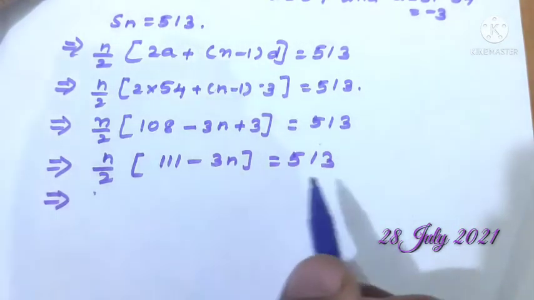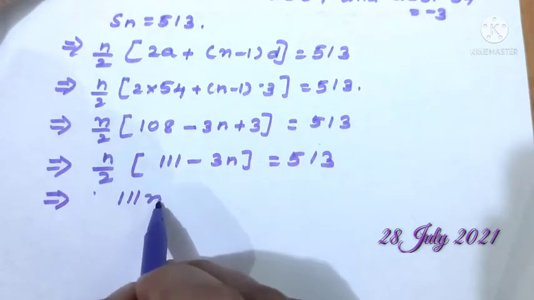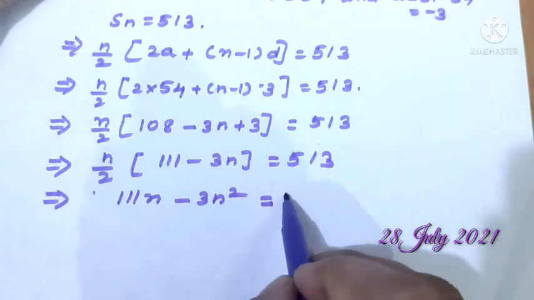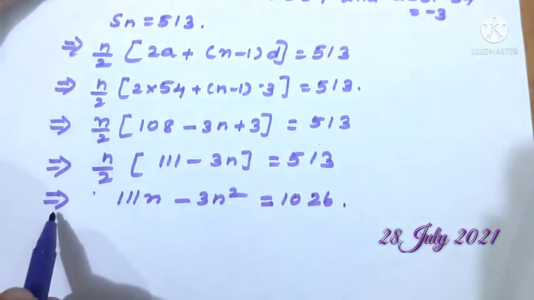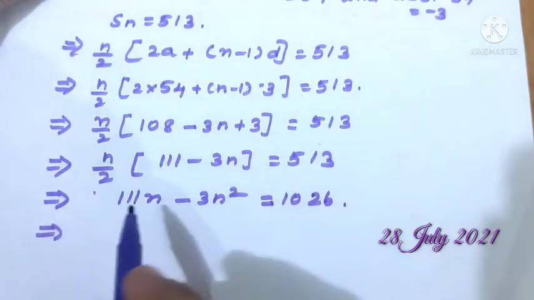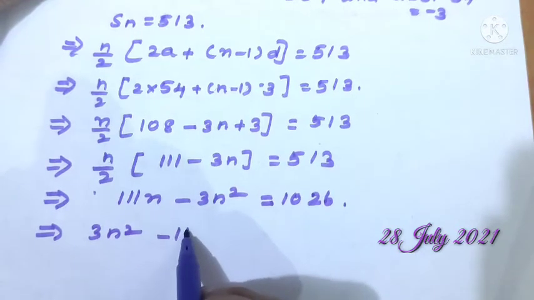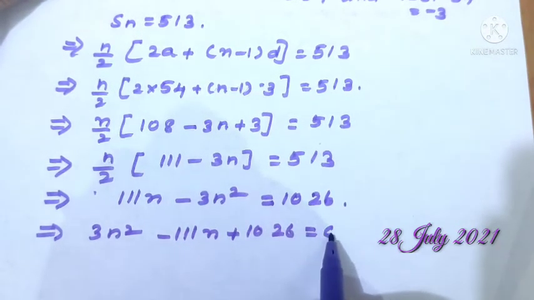So 2 I am taking to that side and then multiplying here. So 111n minus 3n square equal to 1026. Now all the terms we are taking to that side. So 3n square minus 111n plus 1026 equal to 0.